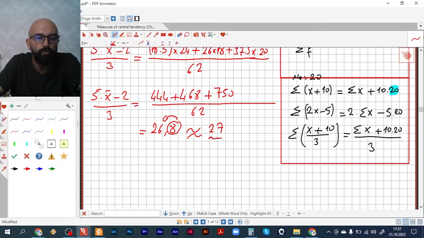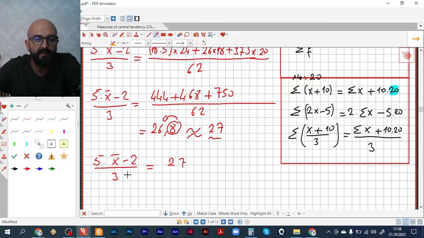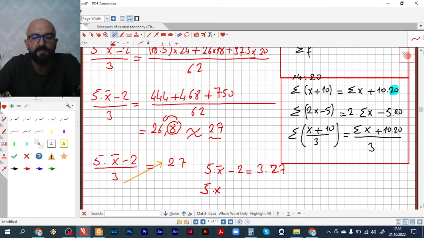And 5 times the mean minus 2 over 3 equals 27, and we can do 3 times 27, and 5 times the mean minus 2 becomes 81.